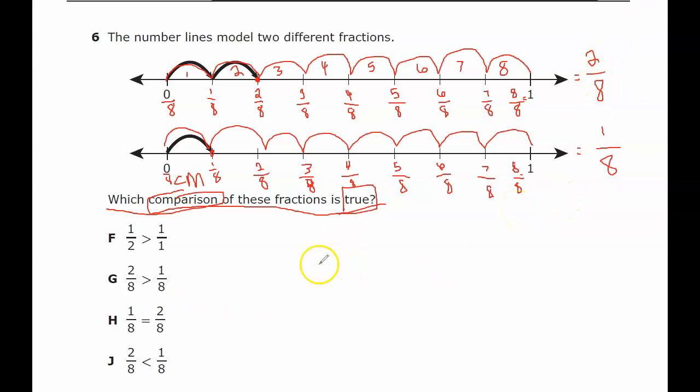So now we have our 2 fractions. We have 2 eighths and we have 1 eighth. And I know because I'm comparing fractions, it says comparing, and I have my comparing symbols here, I'm going to cross multiply.